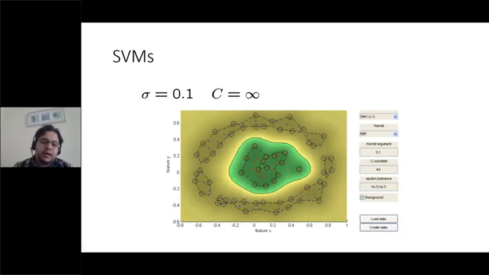Here, you can see sigma equals 0.1. It makes things not smooth, but following the shape of the support vectors a bit. Testing will tell you: try different C's, different sigmas, combine them, and see which one does better.